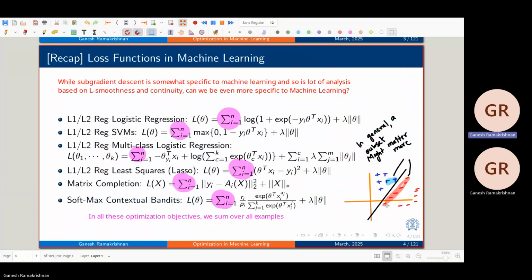Subgradient descent, of course, is very much inspired by machine learning. Can there be something more grounded in machine learning? And we said, well, go back to all our favorite loss functions. All of them have a summation with an index on the examples, right? Now, is there something interesting we can do with respect to those example IDs, the i? And we go back and look at, say, support vector machines.